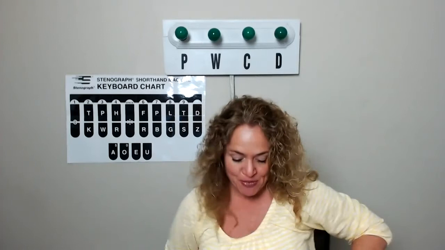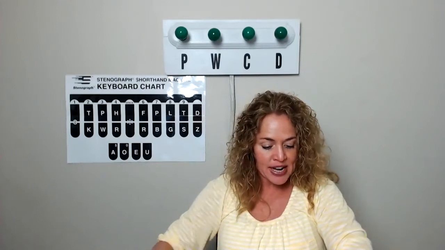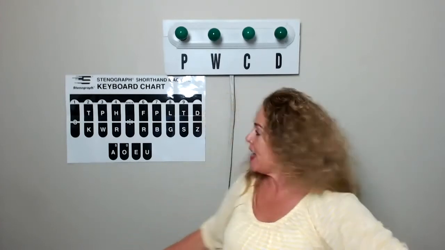All right, so if you had any trouble with those, please go back and practice before you start this next lesson. All right. So today we're going to be covering lesson 35, and you will see on your handout in 35.1 it says final FL for words ending in LF and LVE.